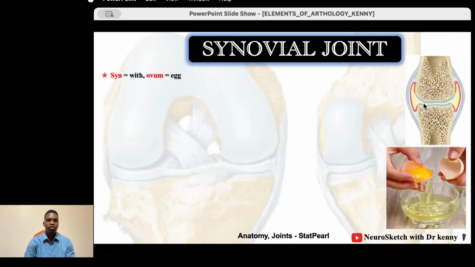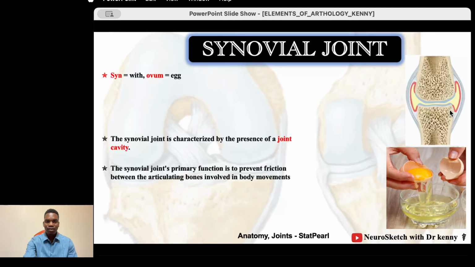The primary function of the synovial joint is to reduce friction between the articulating bones. The articulating bones are separated by a joint cavity, or synovial cavity.